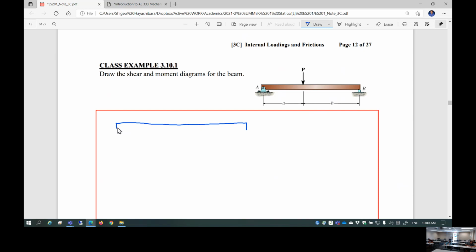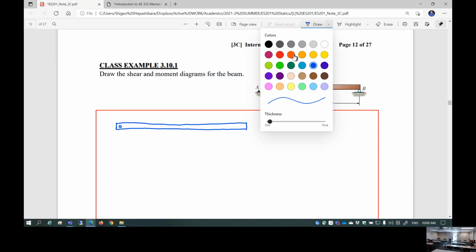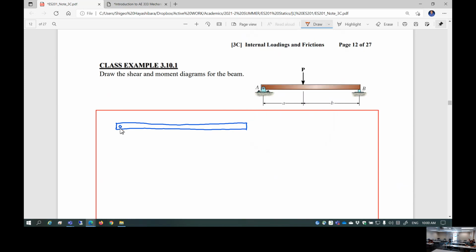Okay, so this is beam AB. I disassemble the pin right here. This is going to introduce unknown support reactions AY and AX.